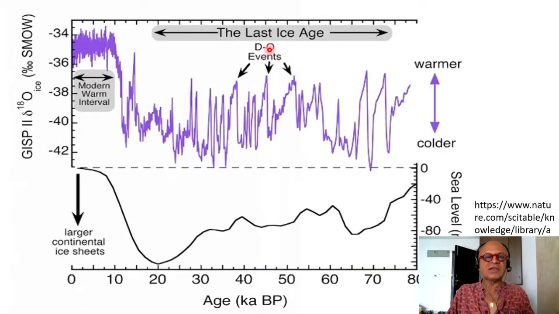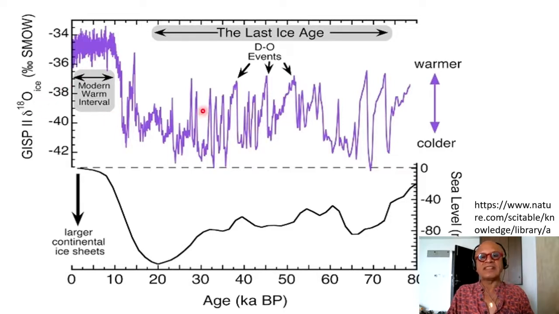We can look at this in many ways. So this is looking at the Greenland signature, which is zoomed into just the 80,000 years ago to look more clearly at the modern warm interval as seen in the O18 deficit in the ice core.